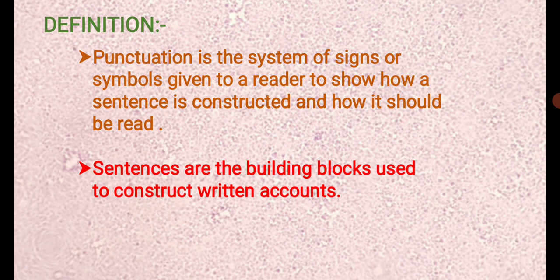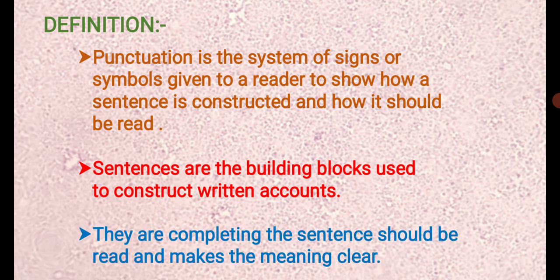It means not only for reading but also for writing purposes, the punctuation mark is very important, and it completes the sentence, shows how it should be read and makes the meaning clear. It means that by using punctuation marks, the sentence gives the clear meaning of that particular sentence, right?